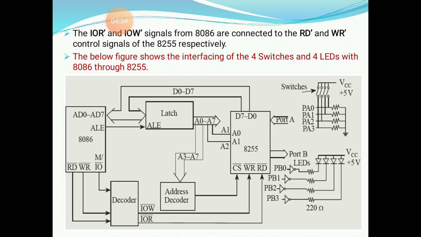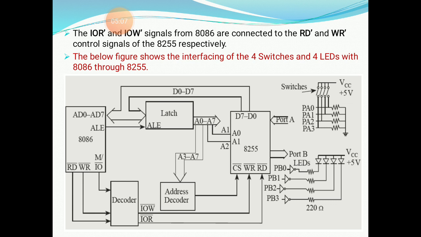The data lines of 8255 D7 to D0 are connected to the data lines of the microprocessor D7 to D0, and the address lines of 8255 A0 and A1 are connected to the address lines of the microprocessor A1 and A2. The remaining address lines A3 to A7 are given to the address decoder. The address decoder produces a signal called CS bar, which enables the IC 8255.